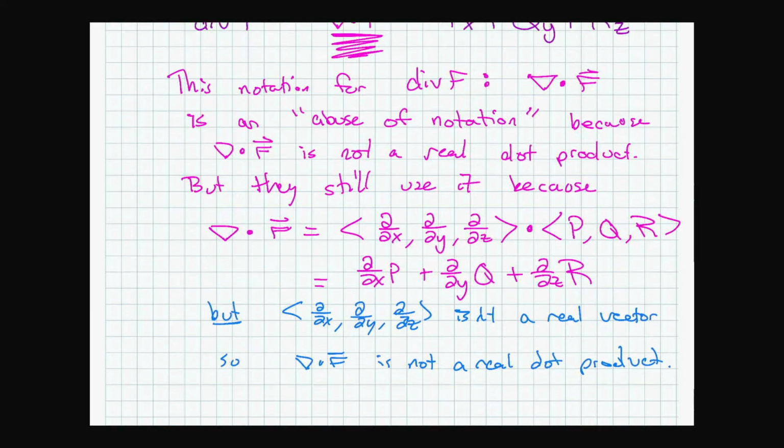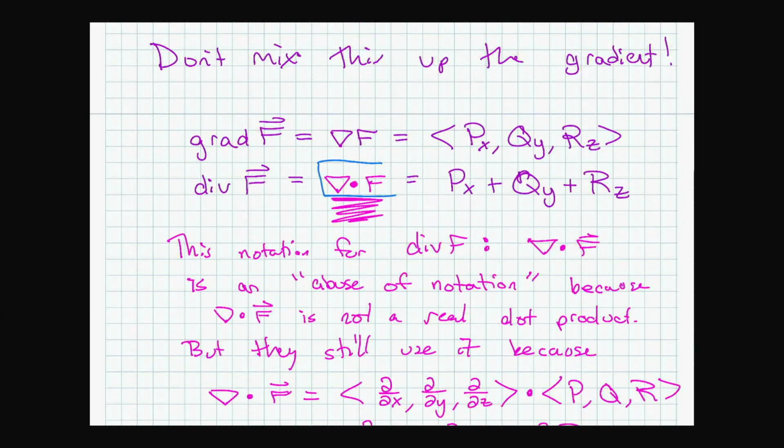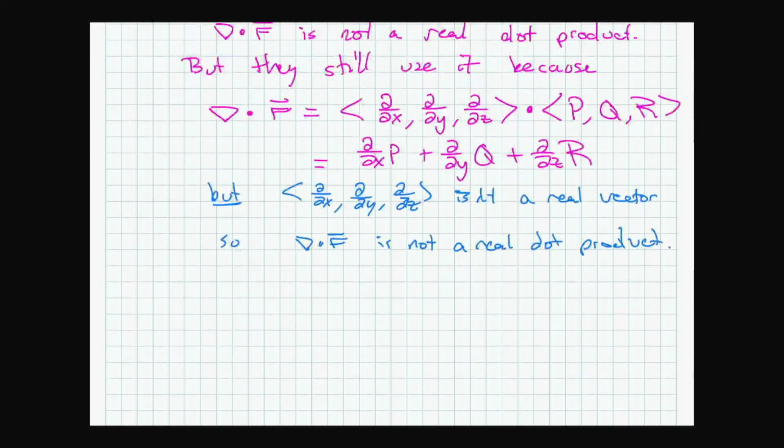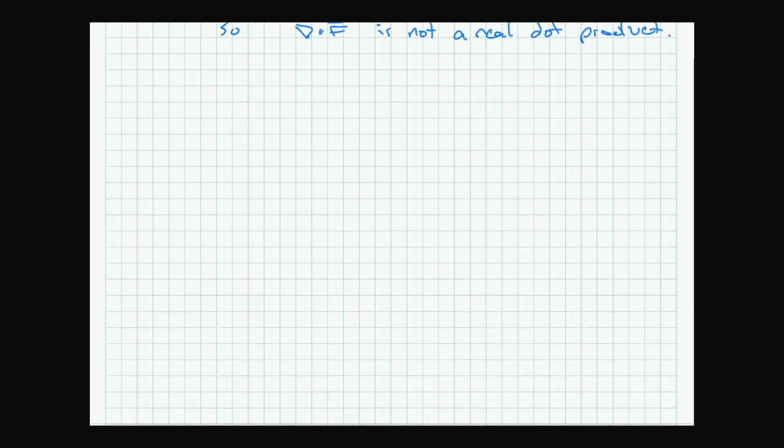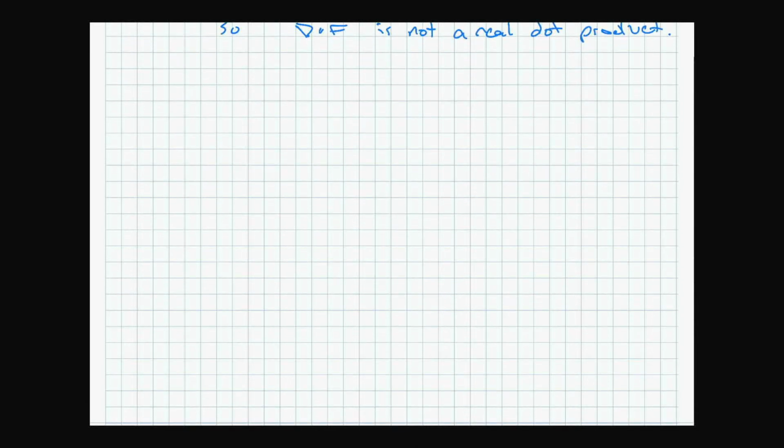Okay, but they will still use this notation. They will still use this notation for it in the book, and so you need to be aware of it because it kind of acts like a dot product. Okay, now having done that, these are really easy to calculate. There is nothing to them, and you should feel free to use a computer to help you with the derivatives if you want. So here's an example of one.